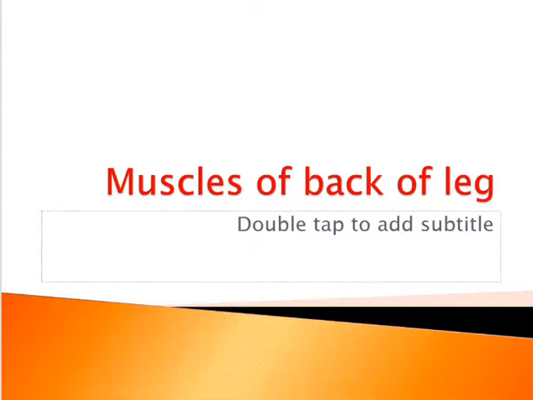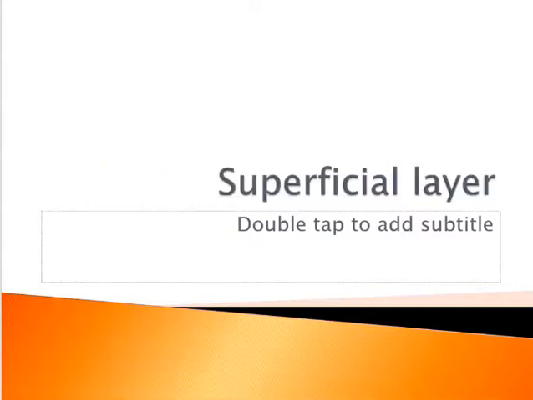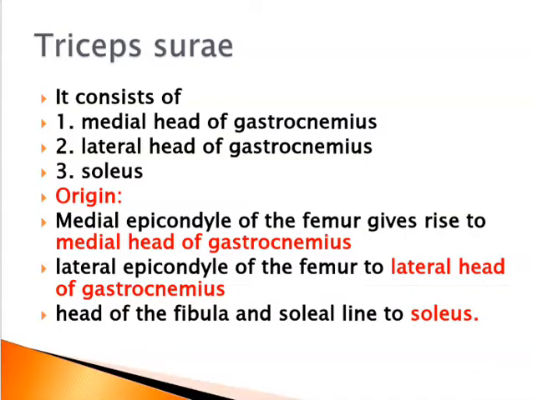So now we start the muscles of the back of leg, and there is one superficial layer followed by deep layer. First we'll start with the triceps surae. It consists of 3 heads: the medial head of gastrocnemius, lateral head of gastrocnemius, and soleus.